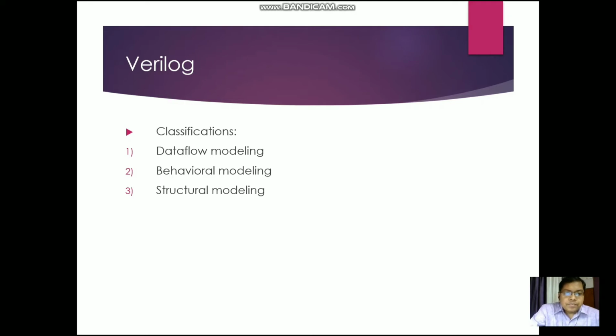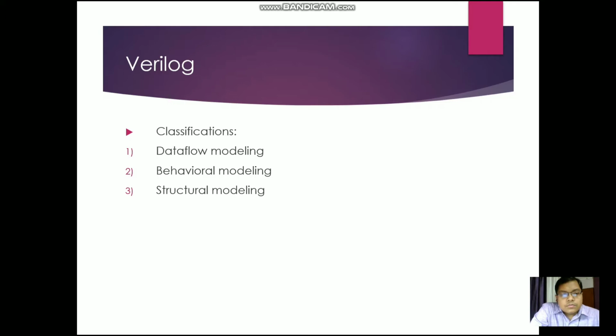One is data flow modeling, that is a very basic one. Second is behavioral modeling, and third one is structural modeling. Today I am going to discuss data flow modeling, behavioral modeling and structural modeling separately so that you can understand the comparison between these.